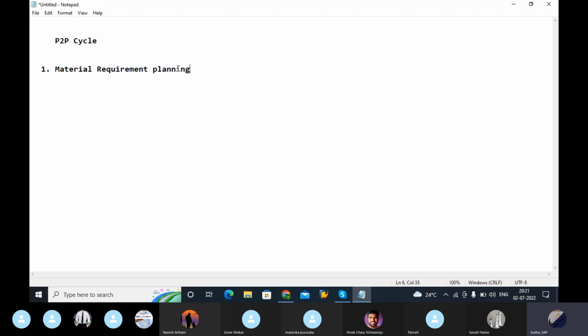Material requirement planning controls procedure planning, material valuation, etc. It is carried out by the MRP controller in the production department.